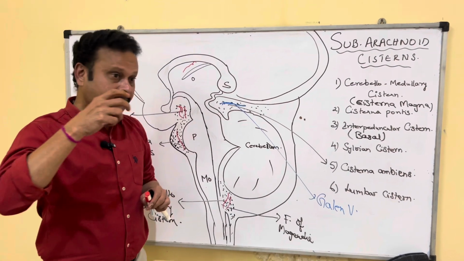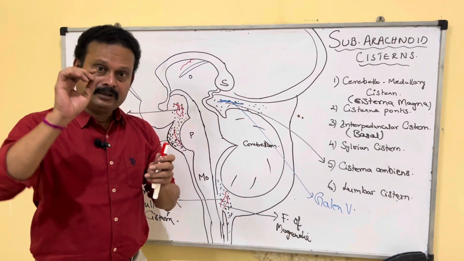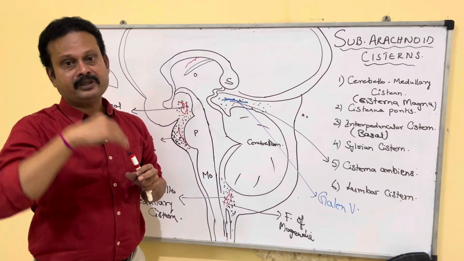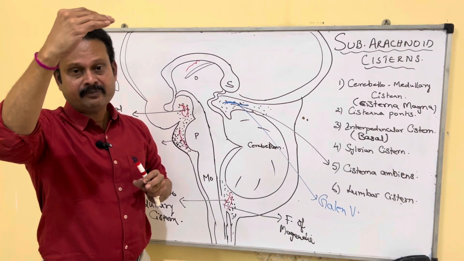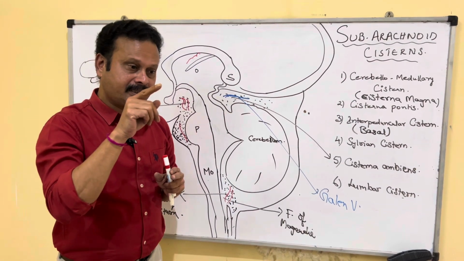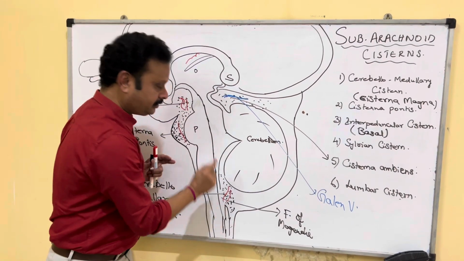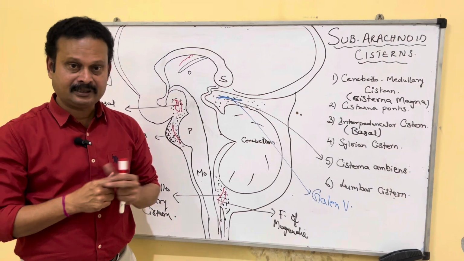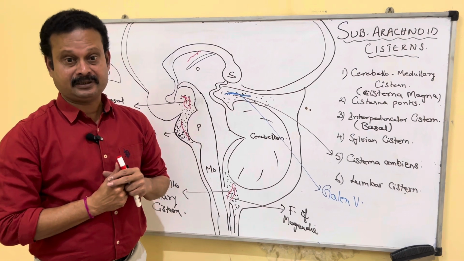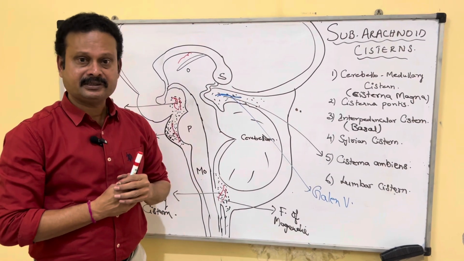That means passing a needle from the back of the neck through the suboccipital triangle, piercing the posterior atlanto-occipital membrane, which lies between the foramen magnum and the posterior arch of the atlas, passing the needle anteriorly and superiorly to reach the cerebellomedullary cistern, where the CSF can be drawn. That we call the cisternal puncture. This is in brief about a small topic called subarachnoid cisterns. Thank you.